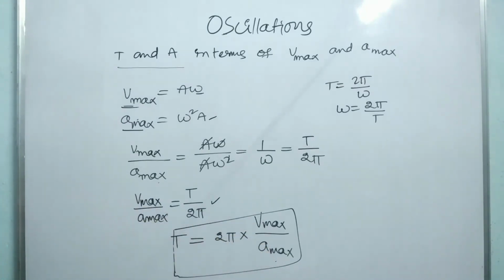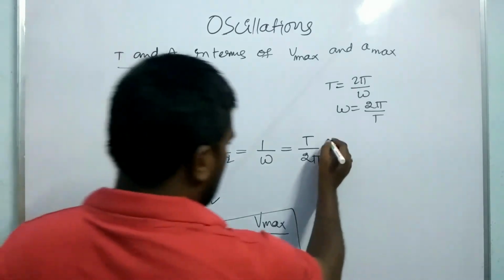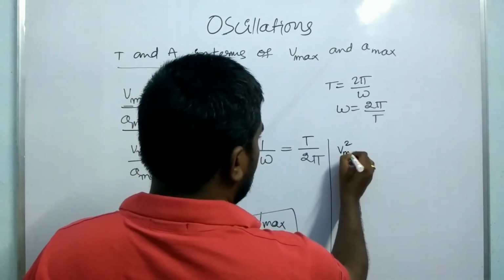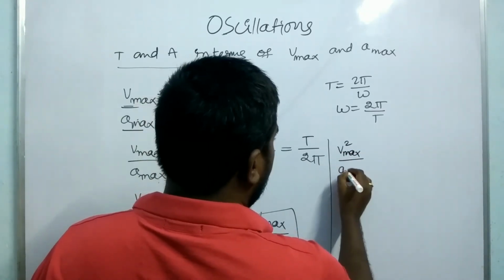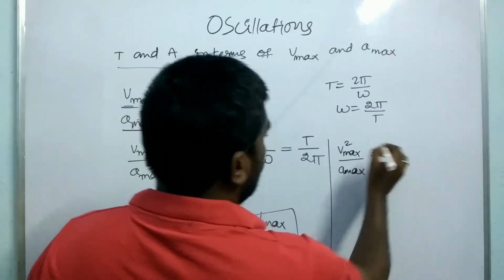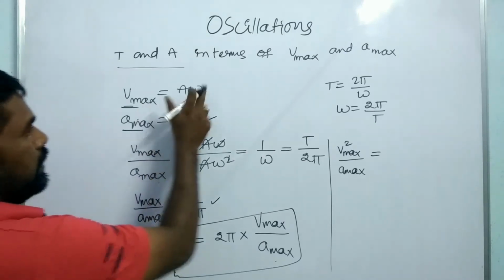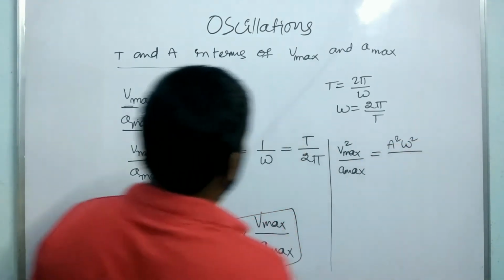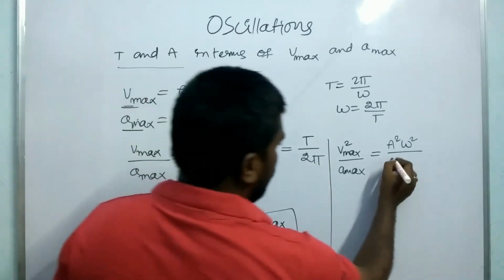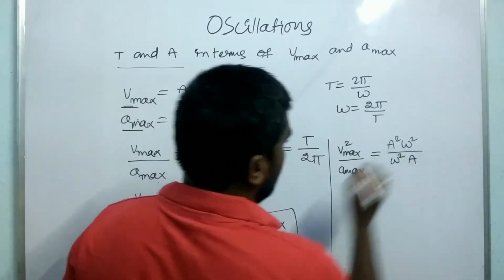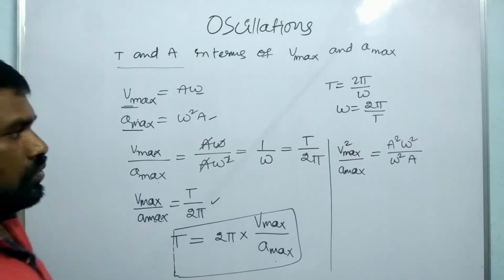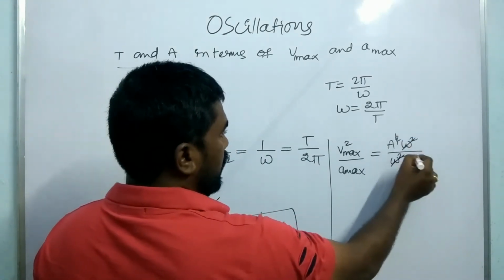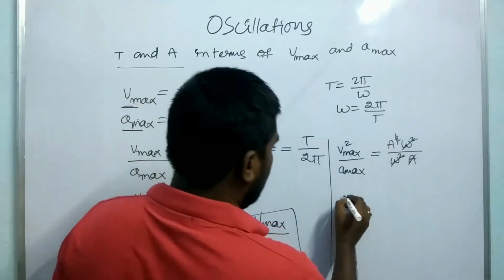Clear? Now, another equation: V square maximum by A maximum is equal to A square omega square by A maximum, which is omega square A. So now omega square gets cancelled, A square and A will be cancelled, and the remaining A will be there.